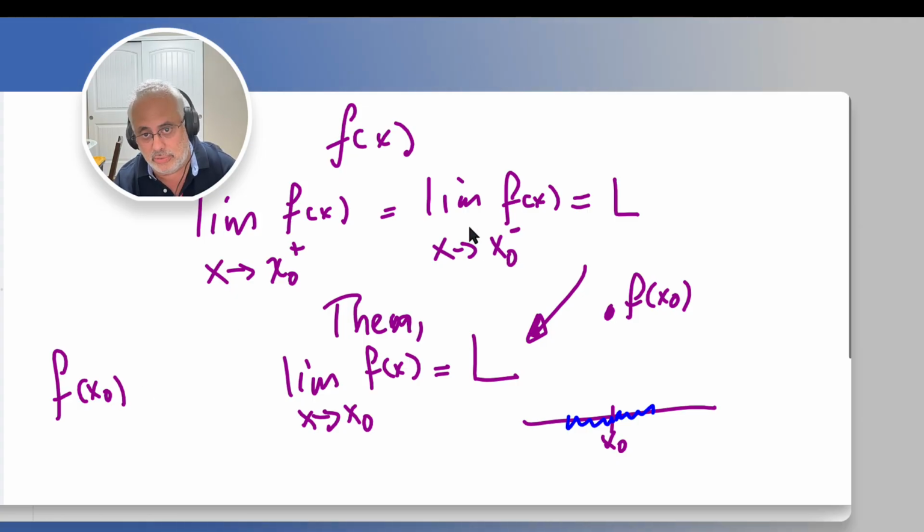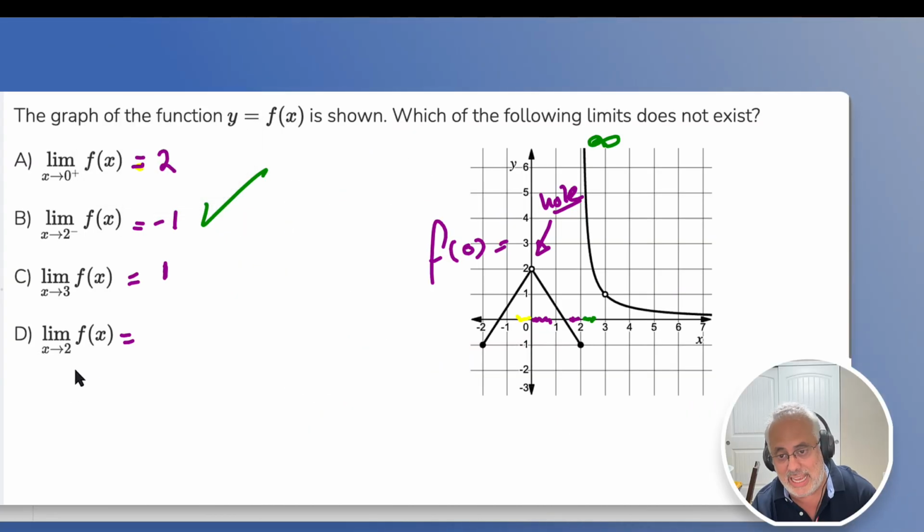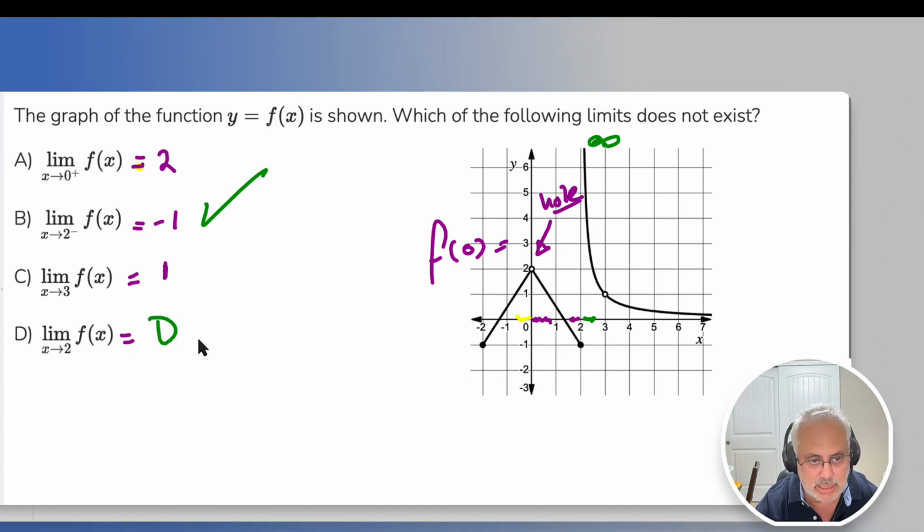So because this condition is not met, we can say that when x approaches 2 from the right, the function is going to infinity, and from the left, the function is going to -1. So the two side limits are not the same. The limit does not exist.